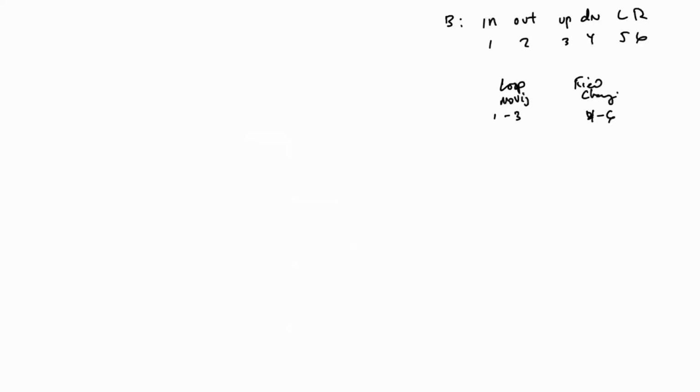Okay, so let's roll the dice. 4. What's 4? Down. And is it a loop or a field? It's a field. No, it's a loop. Okay, so the field is down in that direction.